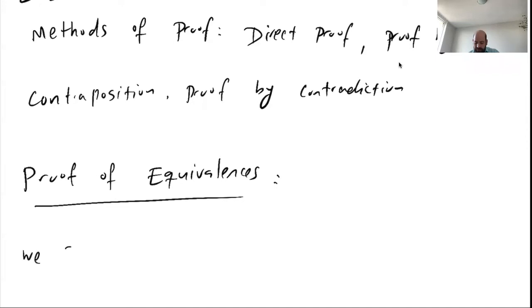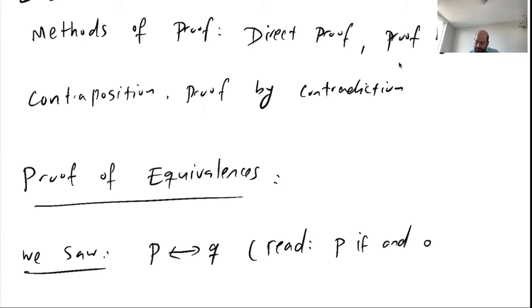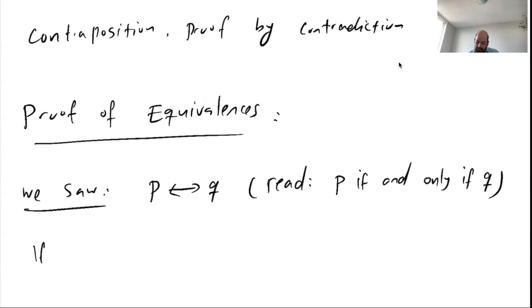So P if and only if Q, read it as P if and only if Q, if P implies Q and Q implies P. So basically every if and only if statement is two statements combined.